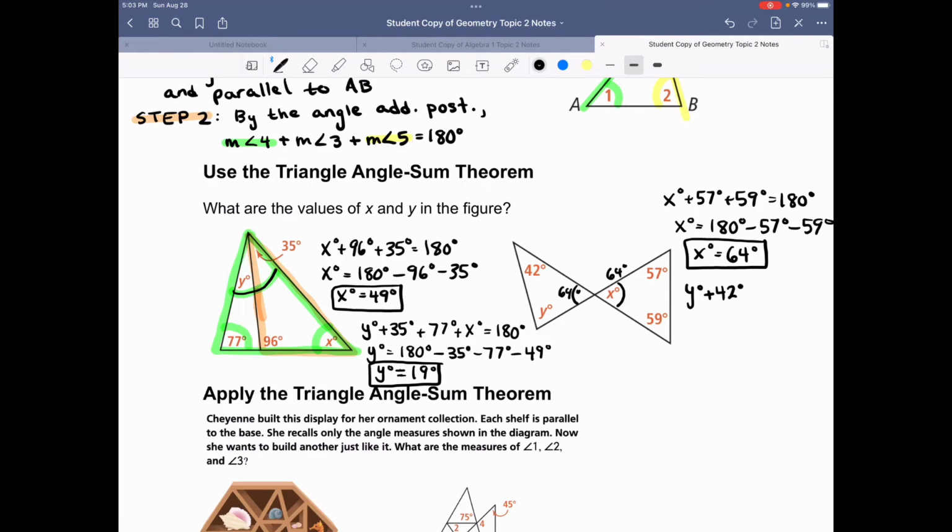So if we're looking at this triangle, trying to solve for y, we're going to have y plus 42 plus 64 equals 180 degrees. Now I'm just going to solve for y, so 180 degrees minus 42 minus 64. That is going to equal 74 degrees.